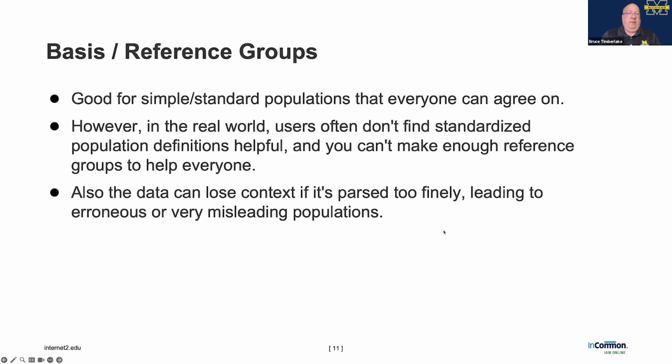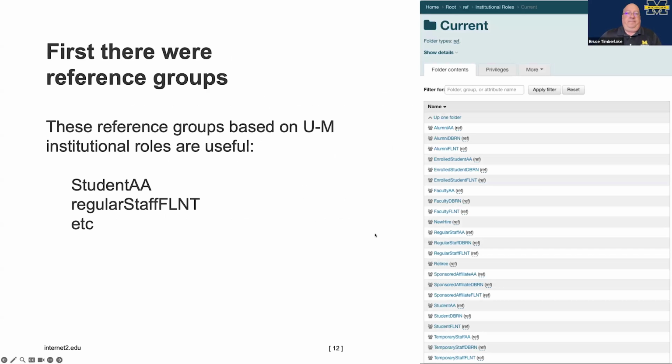Next slide, please. So first we started with the reference groups. And there's a couple of slides here that have screenshots of the Grouper UI. They're not necessarily the easiest to read, but we started with these reference groups based on institutional roles first, and then next slide.